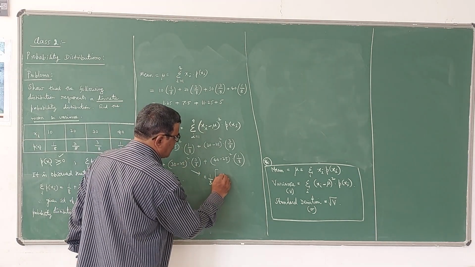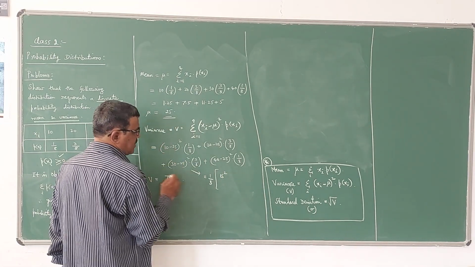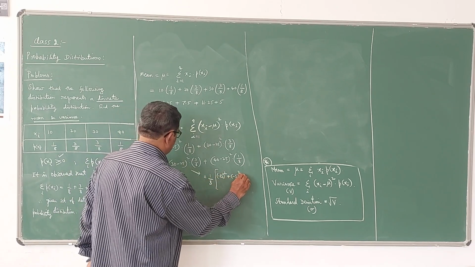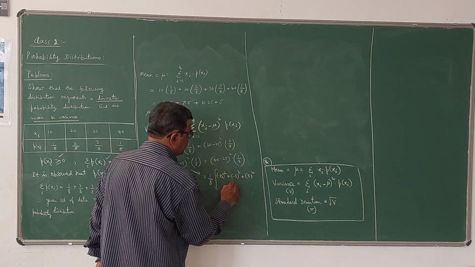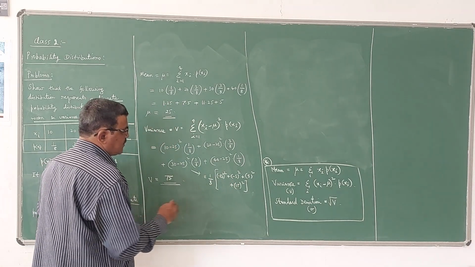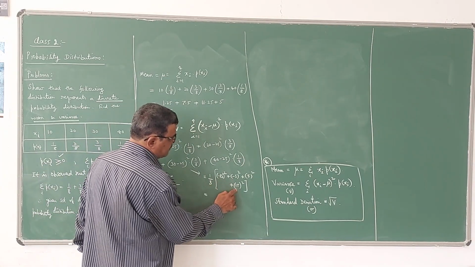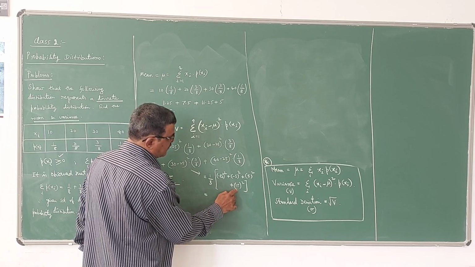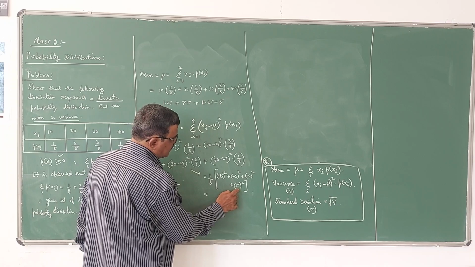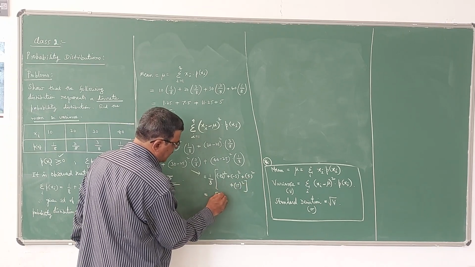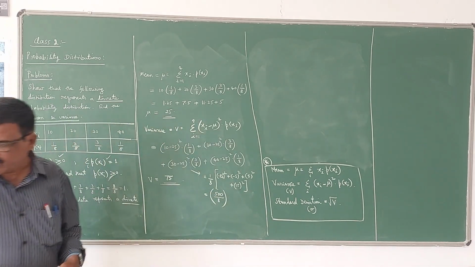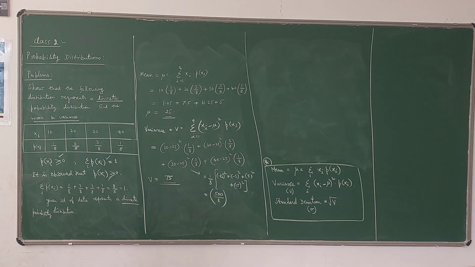The first value is 15 square; even if it is minus, it becomes plus. So 15 square plus 5 square plus 5 square plus 15 square: 225 plus 225 is 450, plus 50, 500. 500 by 8 is 62.5, so the variance is 67.5.